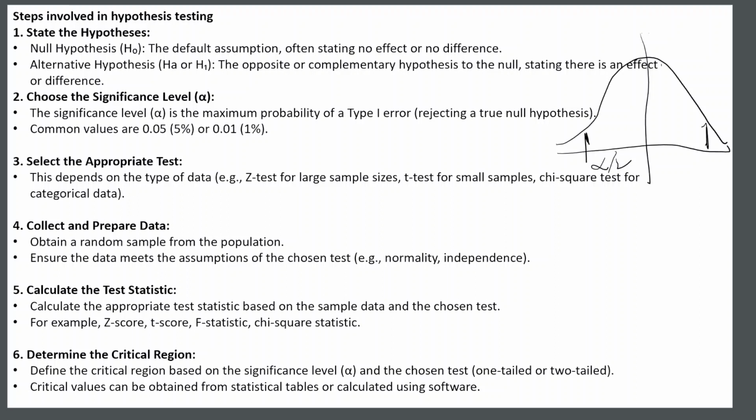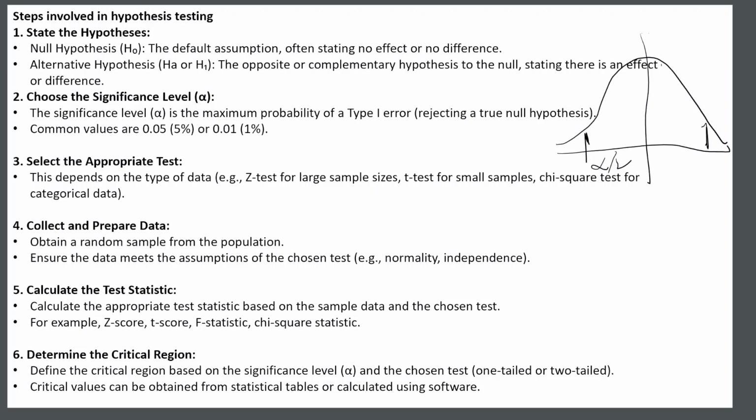And once we get that statistic value, we compare the p-value with the significance level, and we decide whether we are going to accept the null hypothesis or reject the null hypothesis. Generally, the question is, did we reject the null hypothesis or fail to reject it? That is the general question.